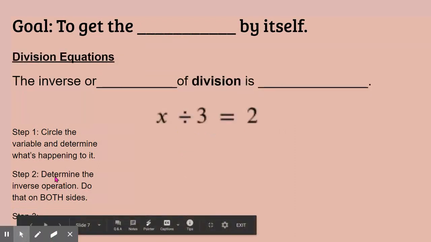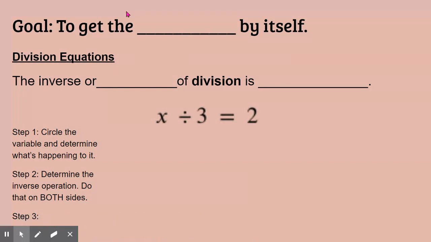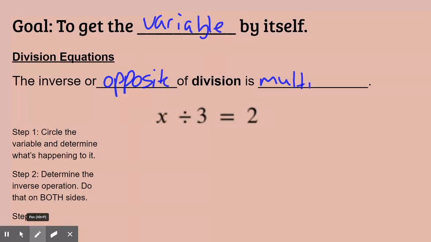All right, now we have division. Once again, goal is to get the variable by itself. We're going to use the inverse or opposite, and the opposite of division is multiplication.